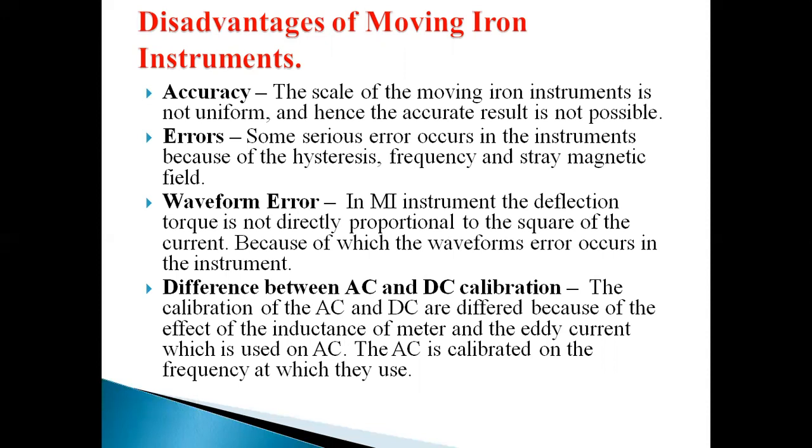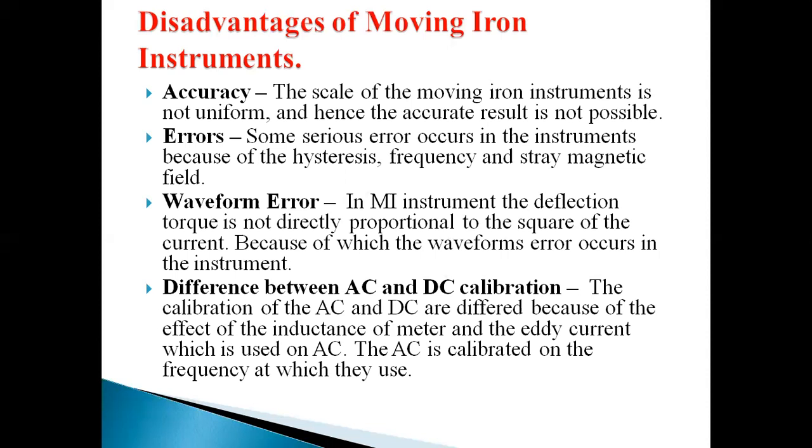Coming to accuracy, the scale of moving iron instruments is not uniform and hence an accurate result is not possible. The second one is errors: serious errors in the instruments because of the presence of hysteresis, change in frequency of AC signals, and the presence of a stray magnetic field.